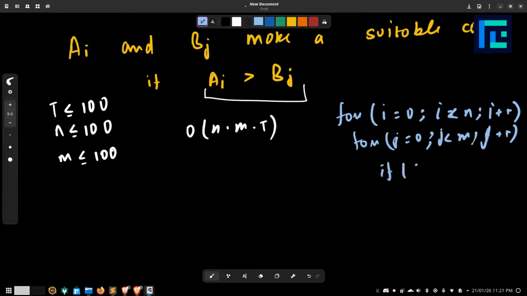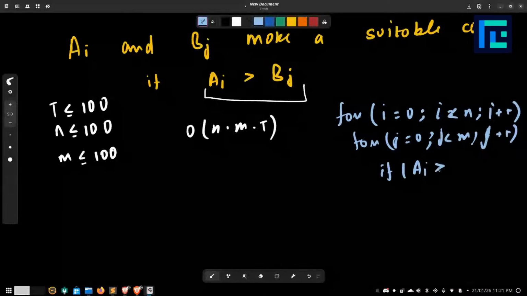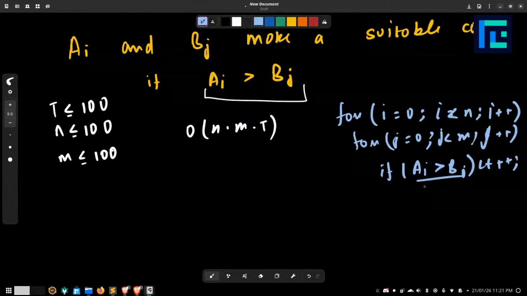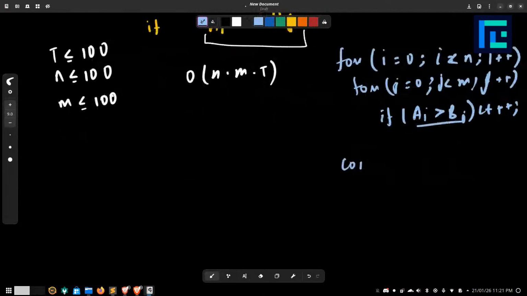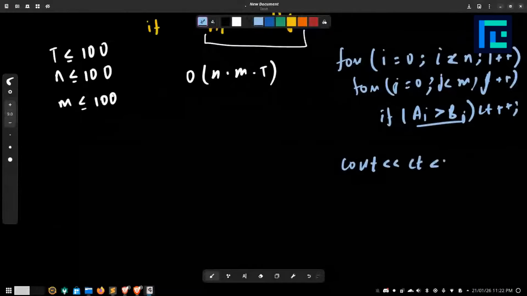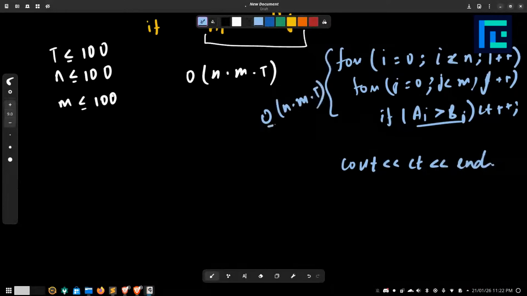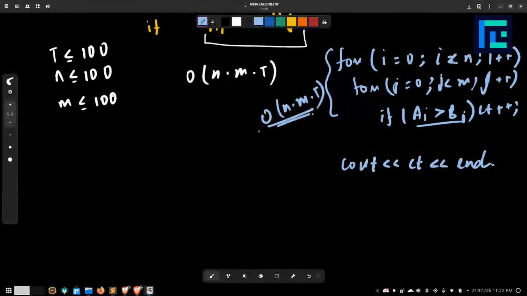If Ai is greater than Bj, then we can maintain a count and increment it each time we check a pair where Ai is greater than Bj. In the end, we can just print out the count. This will be time complexity O of n into m, and there are t test cases, so O of n into m into t, and that is around 1e6 operations, so it will pass.